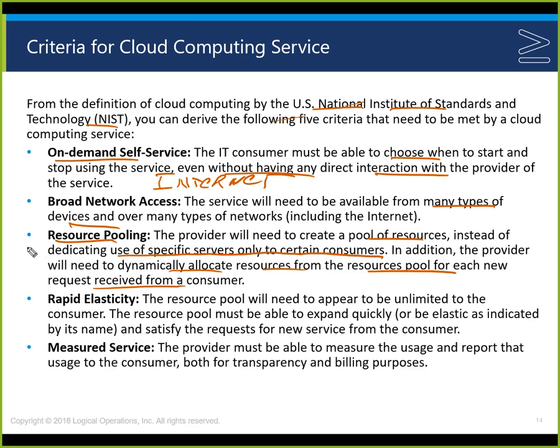We have the physical servers, and those are the resources we're going to use here. Rapid elasticity: resources appear to be unlimited, and they do, because none of the machines knows anything about what's going on in any of the other machines.